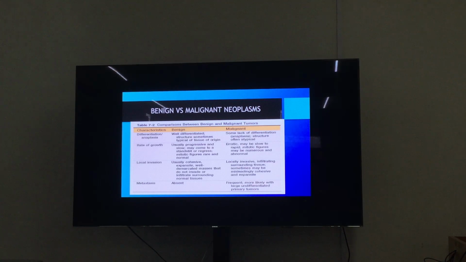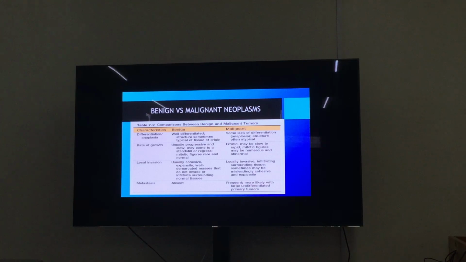Example, lipoma. Diba, when we look at lipoma, it's well-defined, well-circumscribed, tapos, ang itsura ng cells, it's almost the same as the mature adipocytes. Okay? So, clear?